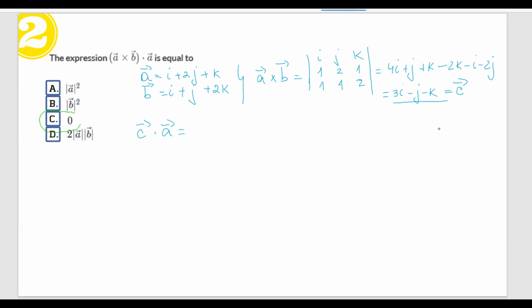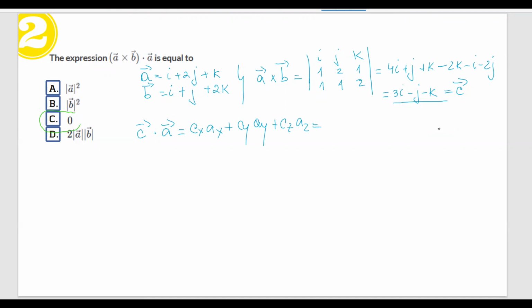And this is going to come up to CxAx, we're going to apply this formula, plus CyAy plus CzAz. Let's go ahead and do that.